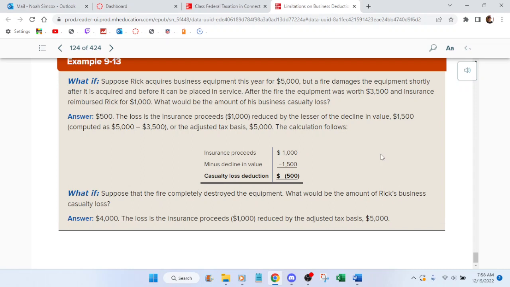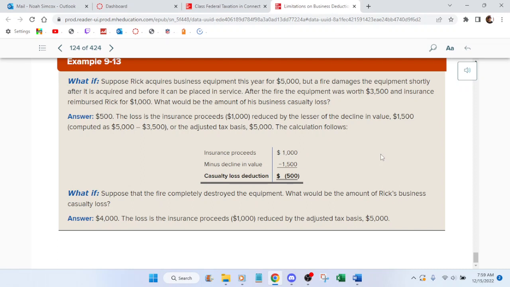So what if it was completely destroyed? That means you can do 1,000 minus the adjusted tax basis, 5,000. It makes sense because you still ended up with 3,500, and you just got $1,000 from insurance.